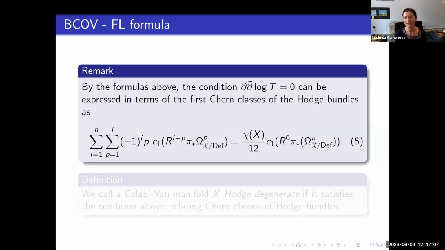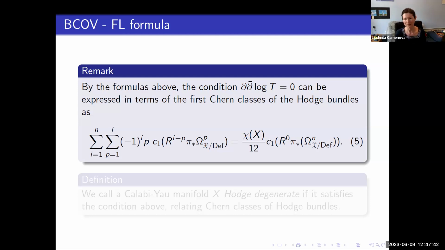So in the physics literature, basically, you want dd bar of log t to be different than 0 in order to have some non-trivial contributions from curves, like embedded elliptic curves. So then let's express the condition dd bar log t in terms of the Chern classes of these Hodge bundles.